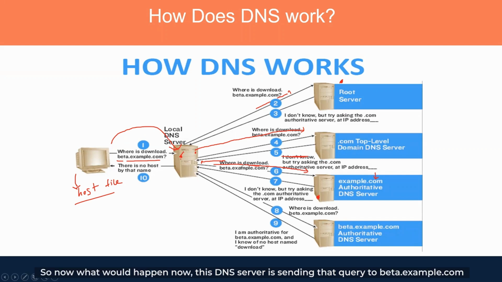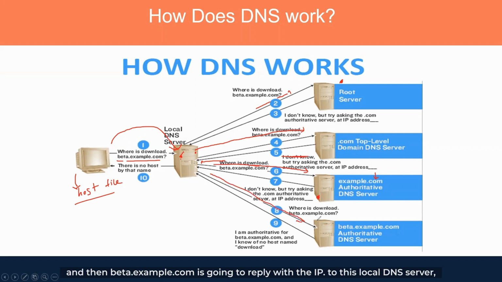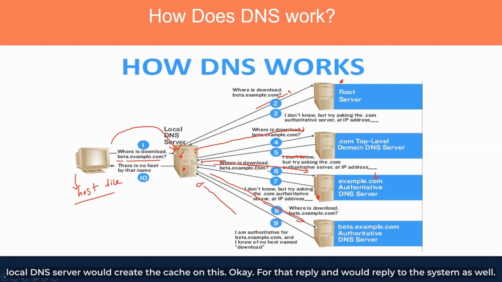So now what would happen? Now this DNS server is sending that query to beta.example.com, and then beta.example.com is going to reply with the IP to this local DNS server. The local DNS server would create the cache for that reply, and would reply to this system as well.